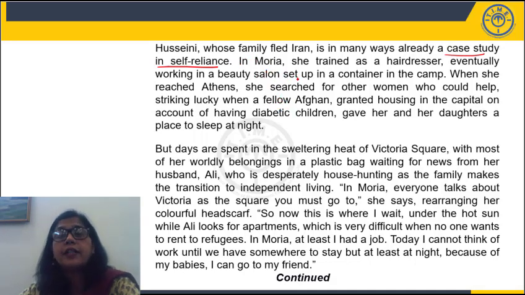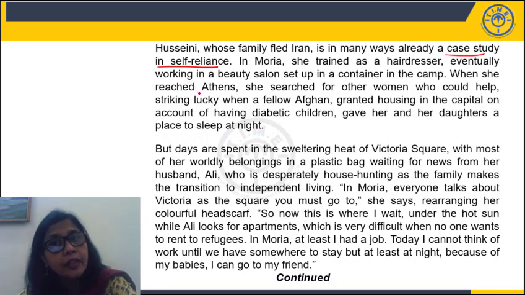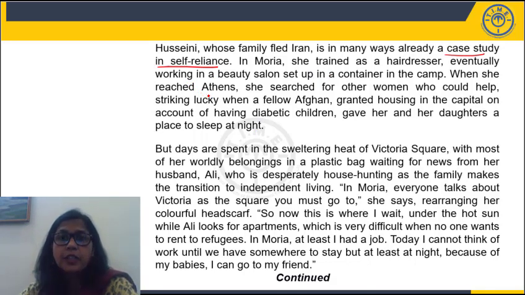In Moria, she trained as a hairdresser, eventually working in a beauty salon set up in a container in the camp. When she reached Athens, she searched for other women who could help, striking lucky when a fellow Afghan granted housing in the capital on account of having diabetic children, gave her and her daughters a place to sleep at night. So how has Hosseini been self-reliant? She learned a trade, right?